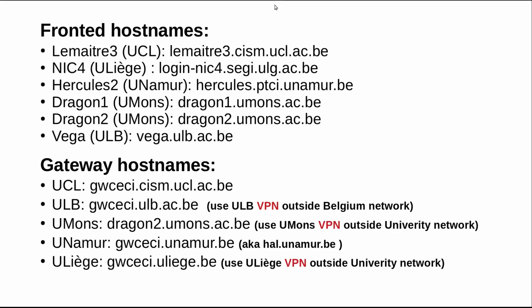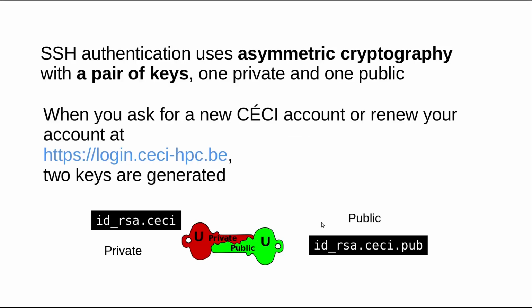Take care that the users of ULB, ULiège and UMons must use the VPN of their institutions to access the gateway in some cases. Let's see now the procedure that is followed to create an account and to connect to the cluster frontends. As presented in the introduction, the SSH protocol uses public key cryptography to authenticate users and hosts.